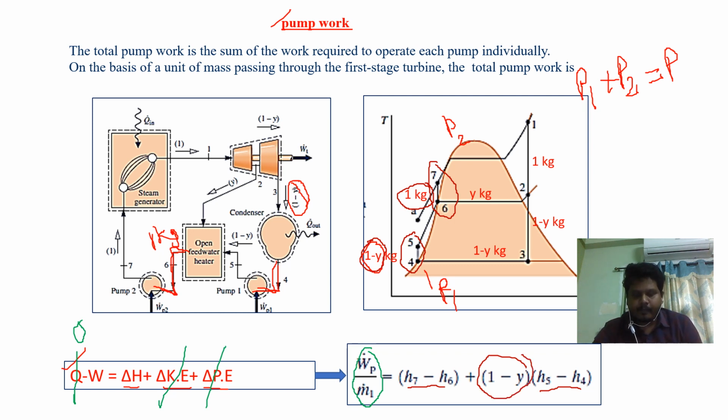So this is the final equation to find the work input to the pump per unit mass. From this equation we can find the work input to the pump by pump 1 and pump 2.